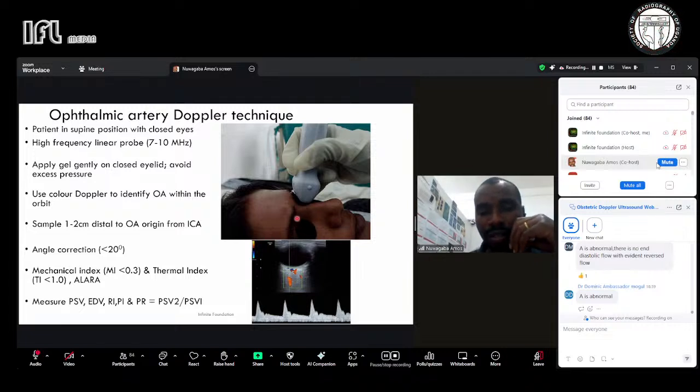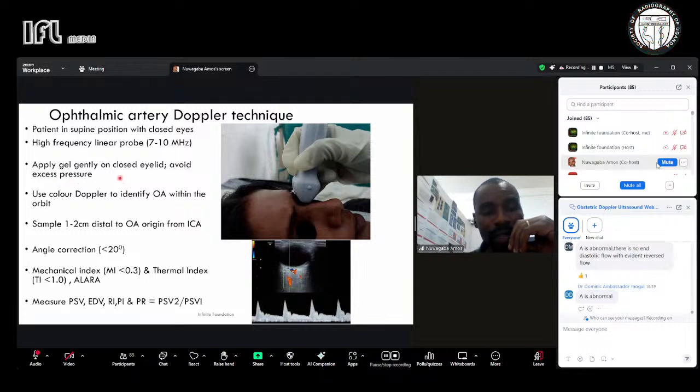There has been a correlation that the Doppler indices that we obtain from the left eye correlate very well with the contralateral side, and sometimes even when you sample one eye, that is good enough. So we apply a significant quantity of gel because we usually want to avoid exerting a lot of pressure.